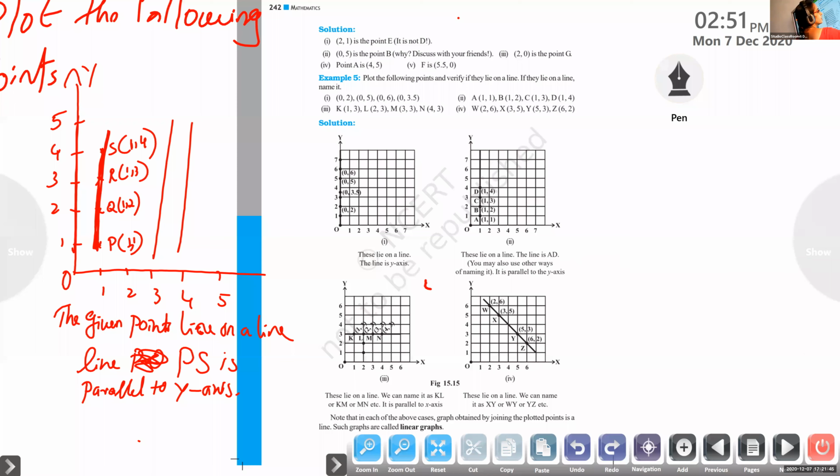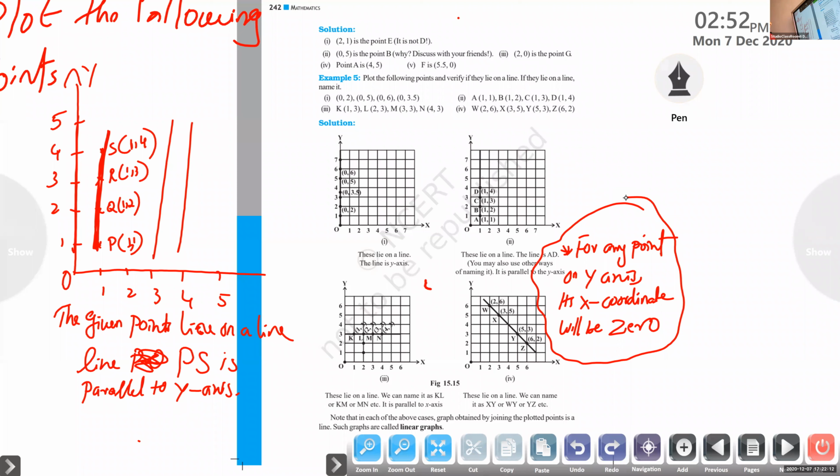For any point on y-axis, comma, its x coordinate will be 0. All of you completed first and second one?